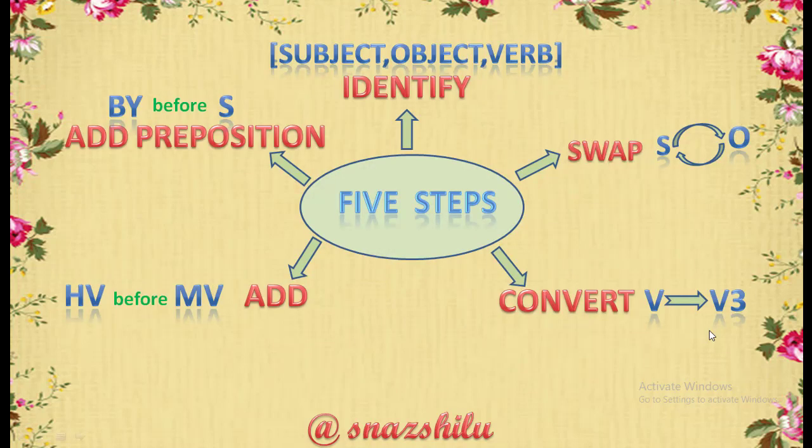Now, let's see how we can convert any active voice to passive voice. There are 5 simple steps in converting an active voice to passive voice. See them one by one. At first, when we get a sentence, we will identify the subject, object, and verb in it.